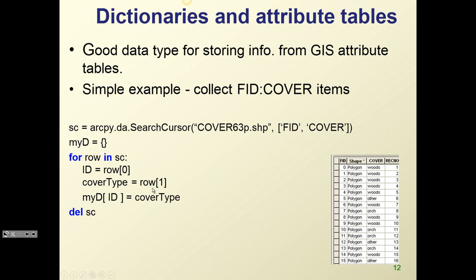It sets a variable cover type to... first time through, it's going to set the variable cover type to what? Woods. Right, it's going to set it to the value of the cover in that row. So why is it 0 for FID and 1 for cover?